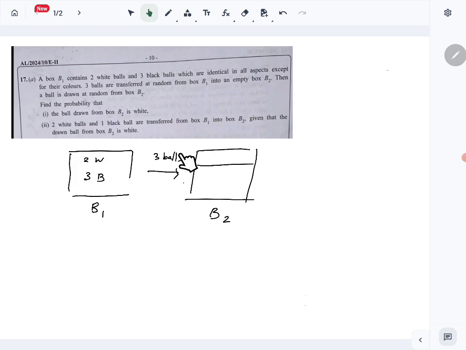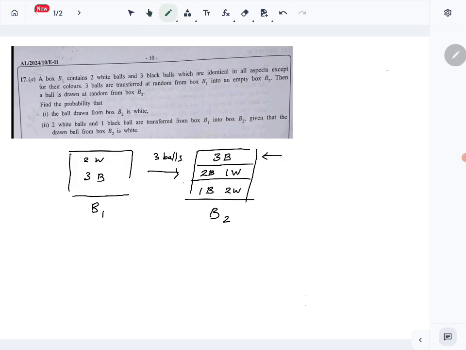So from box 1 we have to transfer three balls. One way to do this is you will get three black balls. Another way is two black balls and one white, and the other way is one black ball and two white. So those are the only possible combinations when we consider three balls, right?